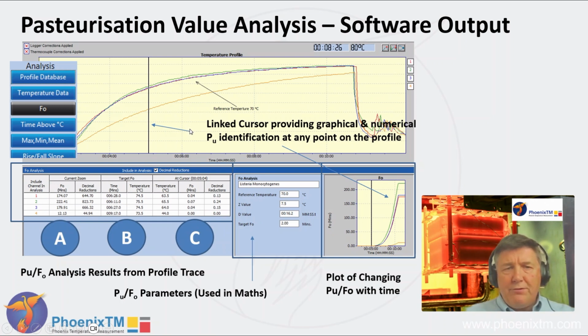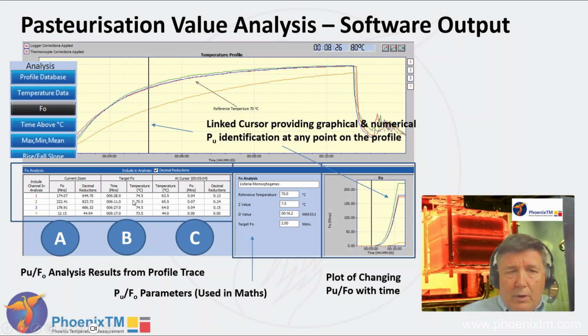So for the process zoom that we have on our graph, what we are being provided with is a calculated F0 value in minutes, what that relates to as a decimal reduction value. So in this particular case, probe number 2, our F0 value is 222 minutes, which equates to a decimal reduction value of 823 or 824 if you round up.